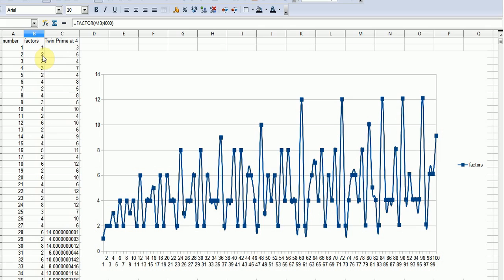Here you've got two factors, so 2 is a prime number. Here two factors, so 3 is a prime number. 5 is a prime number. 7 is a prime number. 11 is a prime number. So it's a pretty simple, straightforward equation. The equation checks for the number of factors. Where it's equal to 2, that's a prime number, because that's the definition of a prime number.